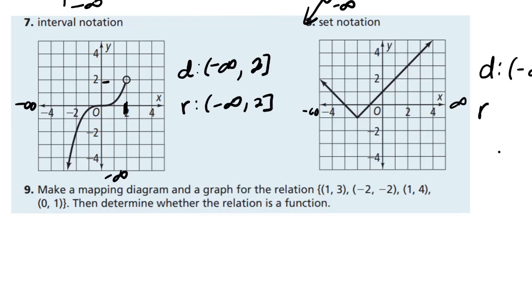The range is different. The lowest y value is -1, and it goes towards positive infinity. So it wants it in set notation. So this would be all reals. And this would be y is greater than or equal to -1.